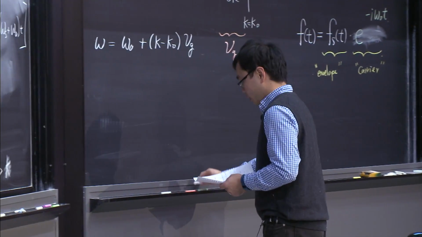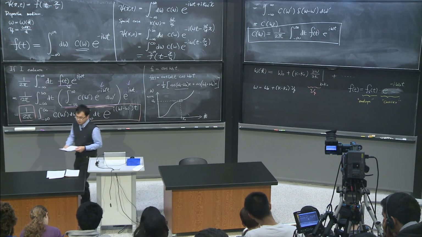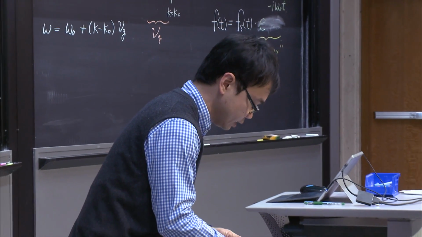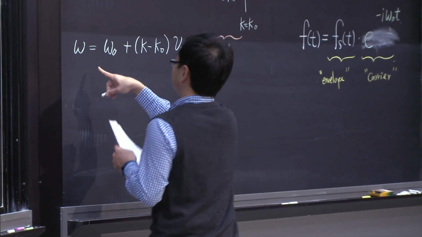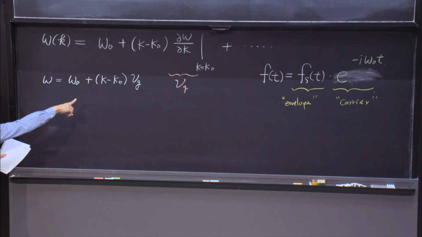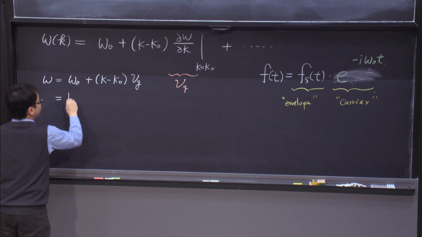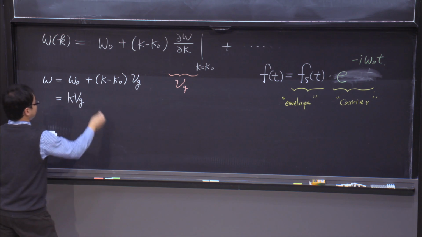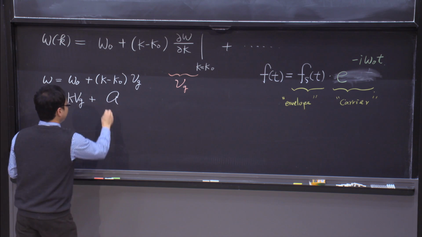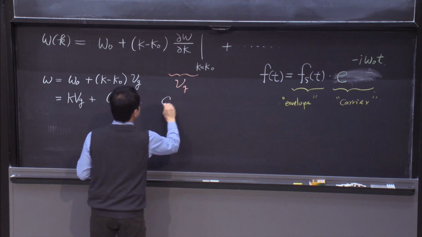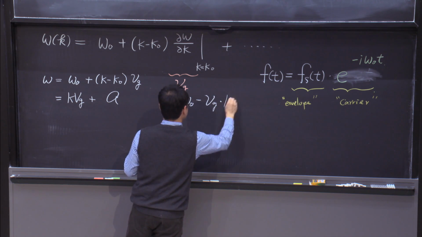So now, if the omega range is really small, then I can write omega in this functional form, where I take out the k vg term, and the rest is going to be some constant a, where a is equal to omega 0 minus vg times k0.